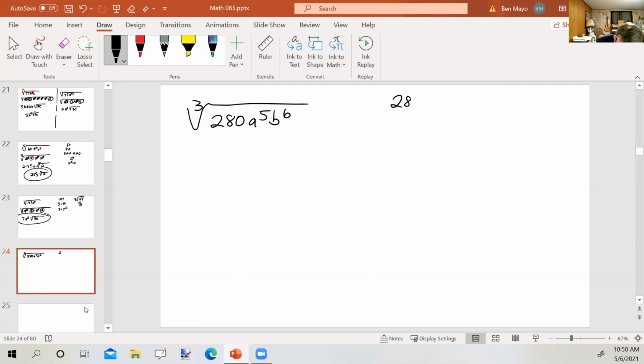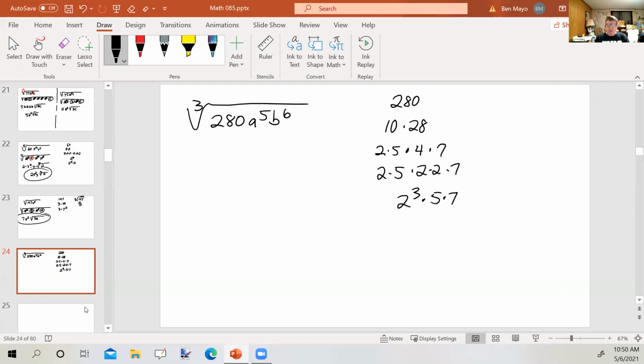So I'm going to break it down using prime factoring. Let's see, 10 times 28, 2 times 5 times 4 times 7, 2 times 5 times 2 times 2 times 7, 2 cubed times 5 times 7. Okay, so 280 breaks down to 2 cubed times 5 times 7.